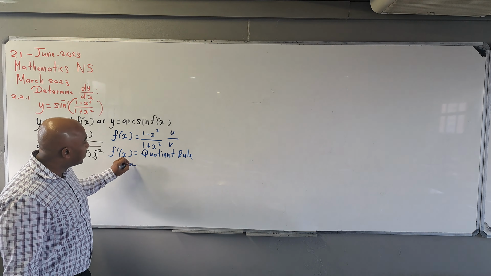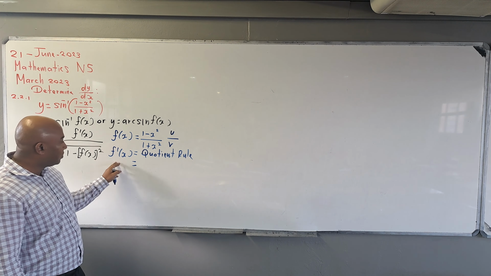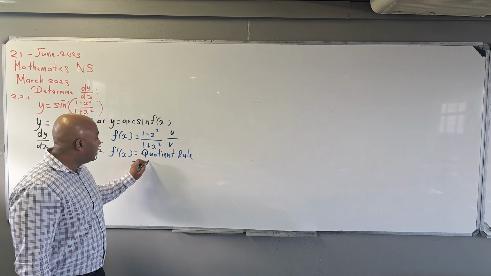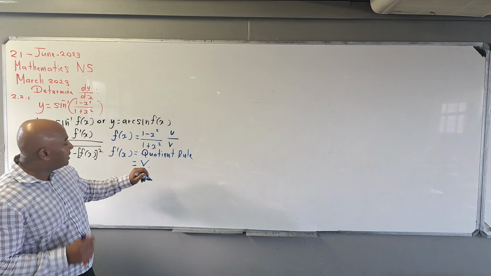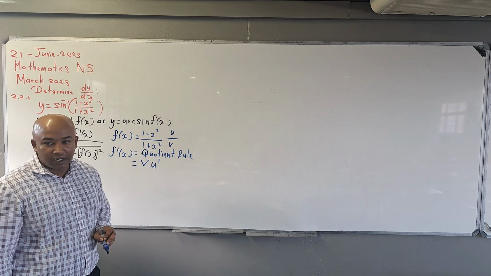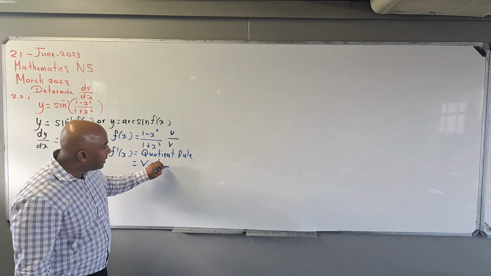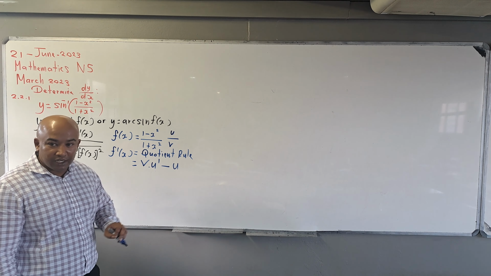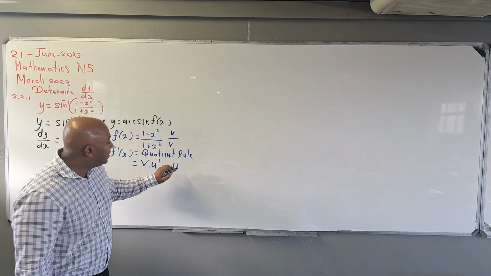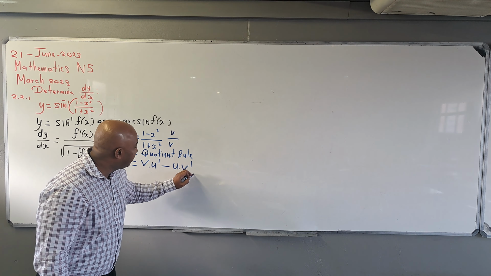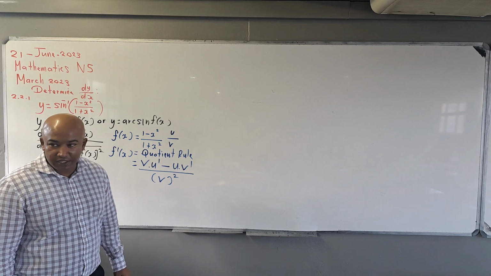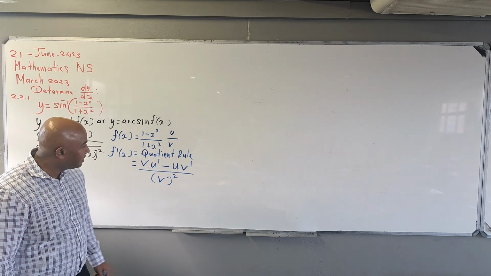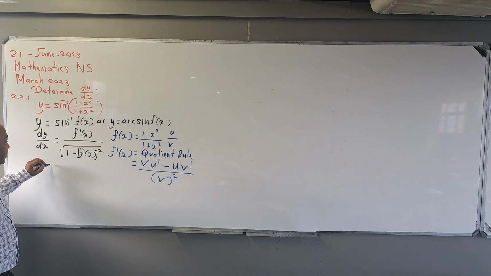So the quotient rule is, okay, let's write it down. The quotient rule is copy the denominator. I'm identifying my denominator as v there. Differentiate the numerator, u prime, minus copy the numerator, which is u, and differentiate the denominator v prime, all divided by v squared. Are you clear with that? So the question is, what is u?